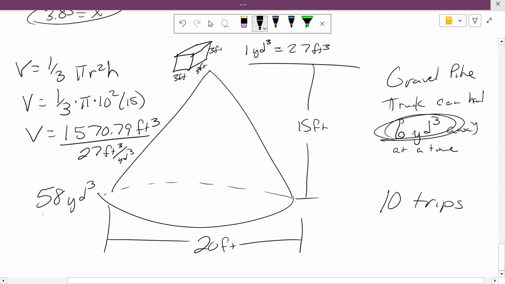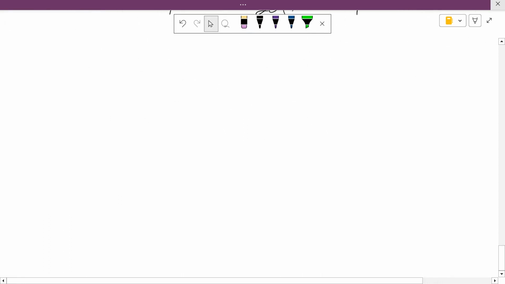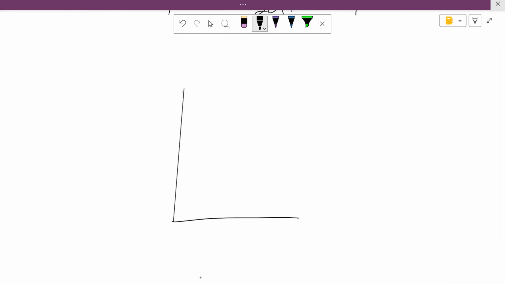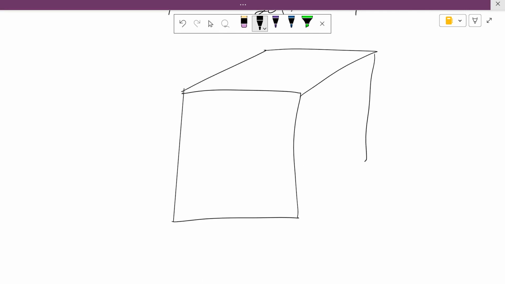Okay. Last one we'll do, and then we'll call it good. So I've got a box, and I've got an expensive crystal ball that I'm going to put in this box. The ball's in the shape of a sphere. Let's say it's like $200,000 and I'm shipping it somewhere.